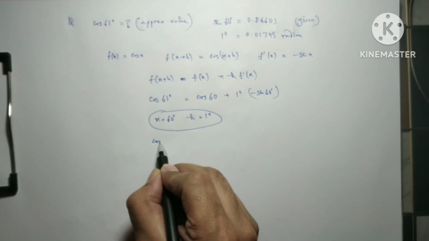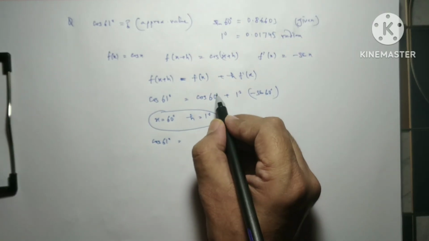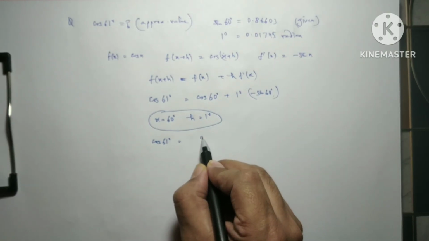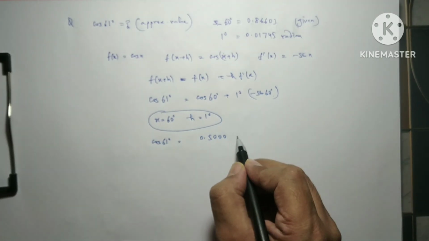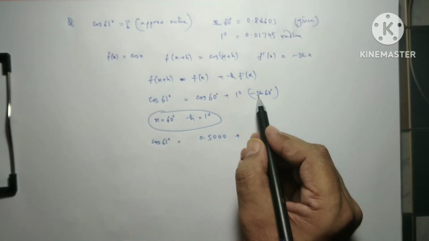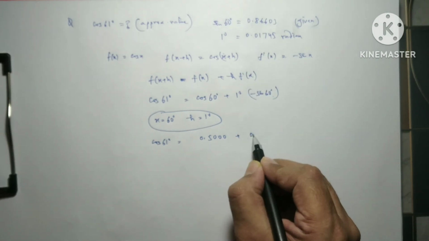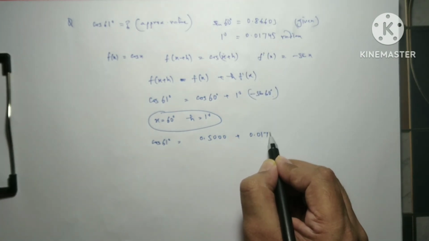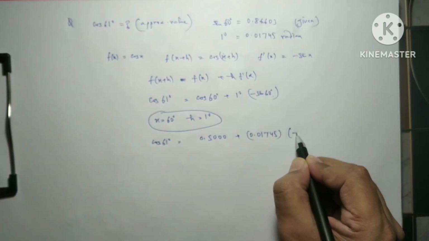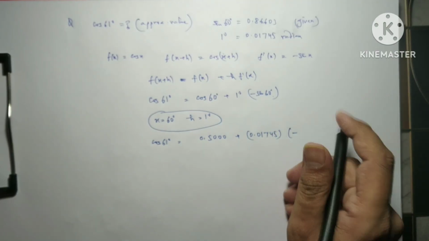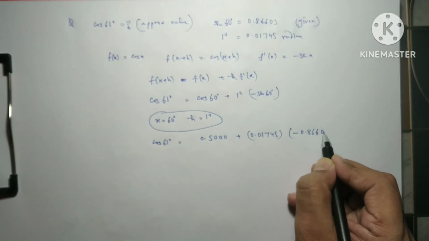So cos 61 degree: cos 60 is half, or you can say 0.5, and this is 1 degree. 1 degree in radian is 0.01745, and minus sin 60. Sin 60 is 0.86603.